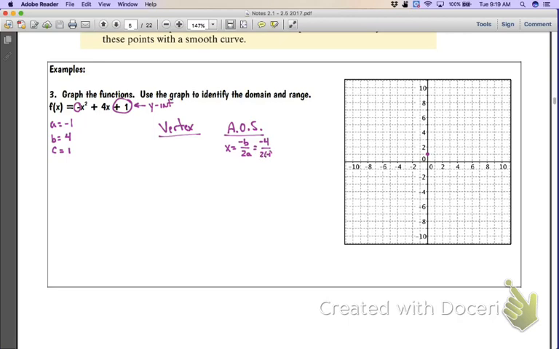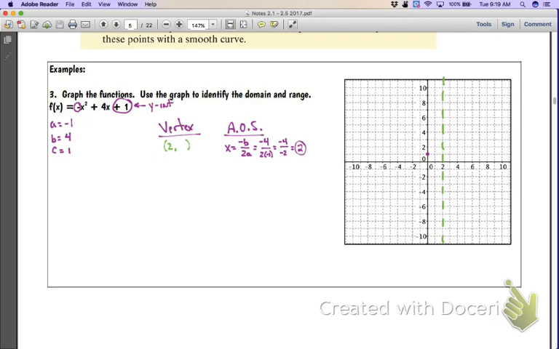So I have -4 over -2, which is a positive 2. So my vertex is going to be at x equals 2. What I like to do, especially by hand, is draw an imaginary line through x equal to 2. My vertex is going to be somewhere on this line.